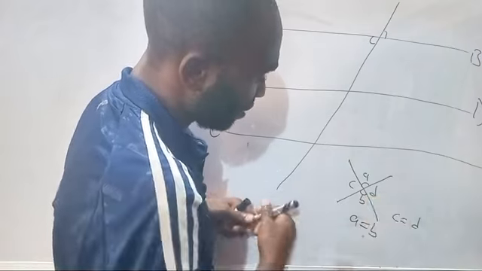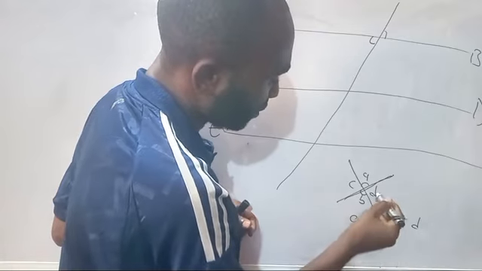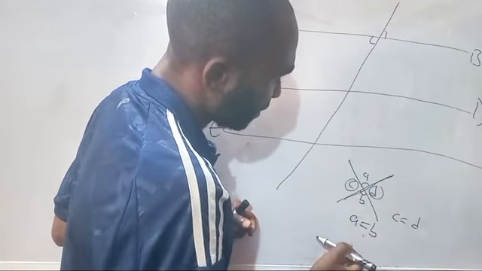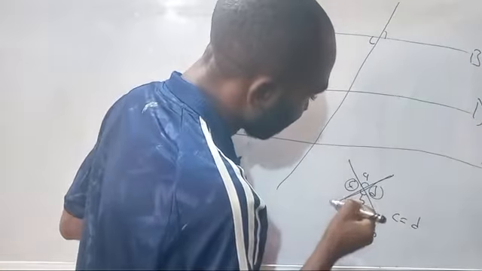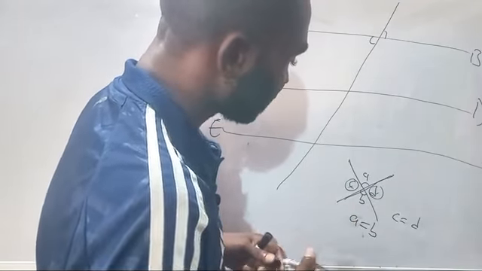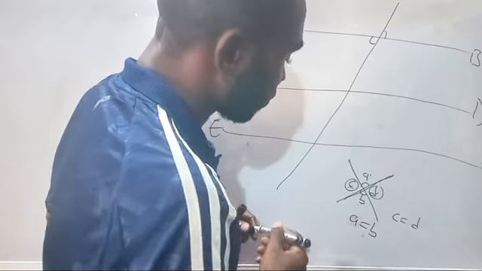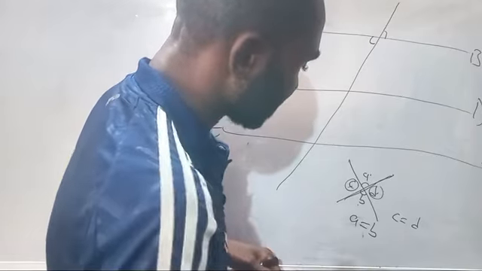X shape, like something like this. So each one facing each other. So this angle here, this one here is the same. This angle here, this one here is what? The same. A and B are the same.